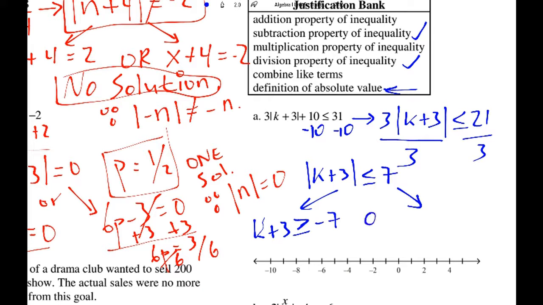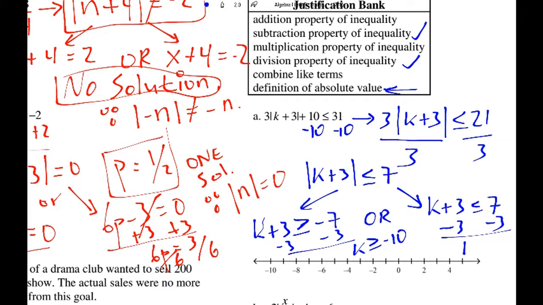And or you have k plus 3 is less than or equal to 7. Numbers stay the same, so the symbol stays the same. Use the subtraction property, and you should get k is greater than or equal to -10, or k is less than or equal to 4.